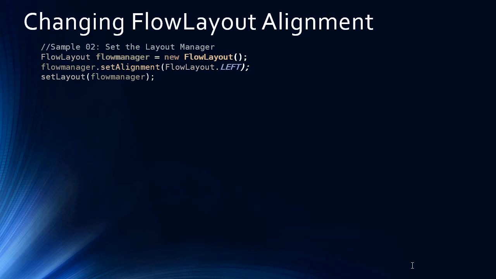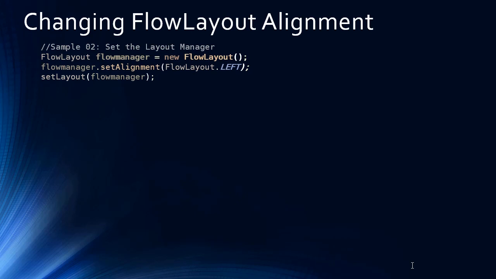The reference name is flowManager. Next, we are making a call to the setAlignment function of this FlowLayout manager. To this method, we are sending the constant FlowLayout.LEFT. Then we are using the setLayout method and handing over the FlowLayout manager.